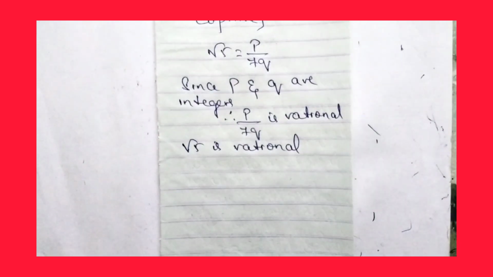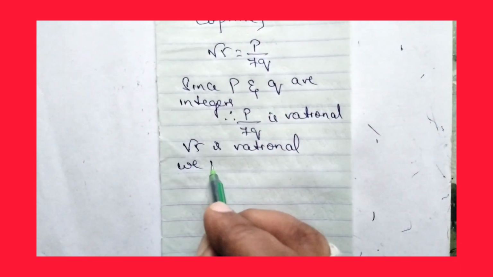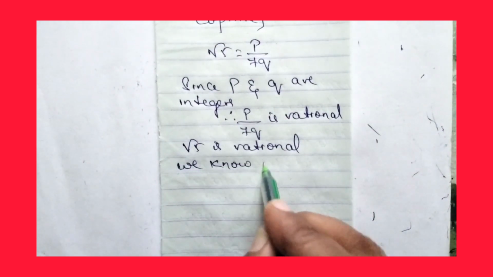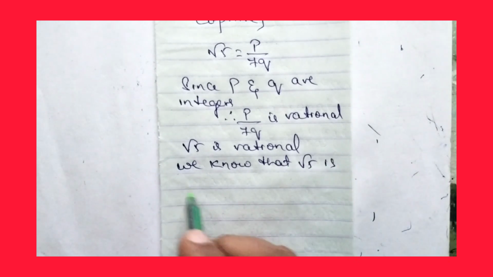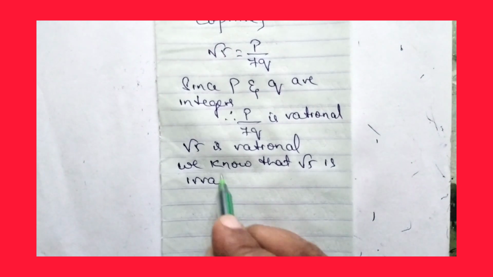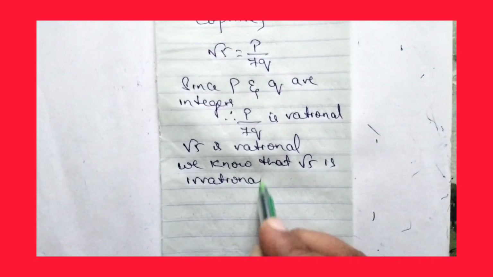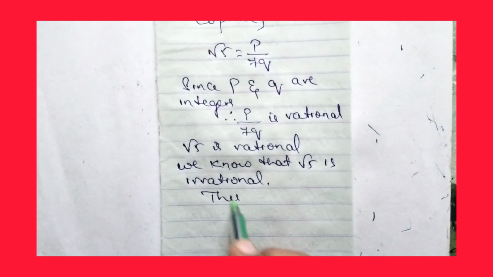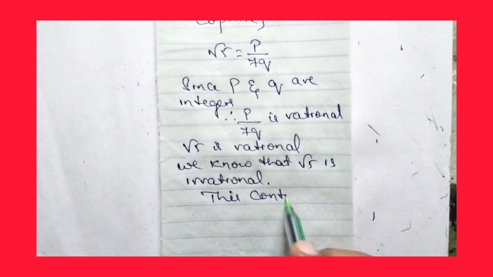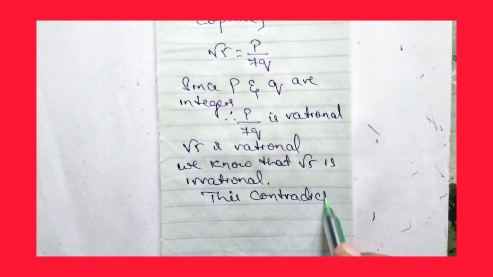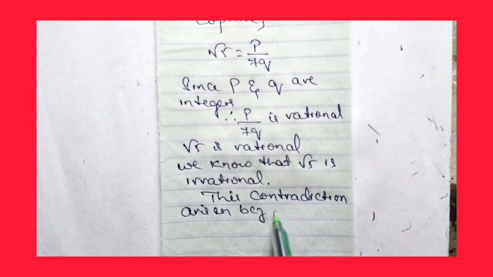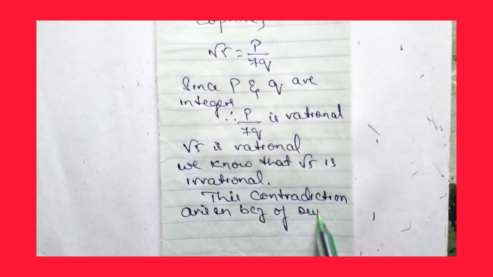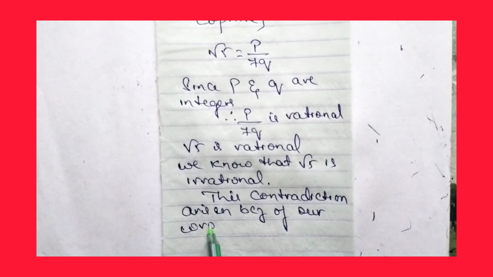So we know that root 5 is irrational. This contradiction arisen because of our wrong assumption.